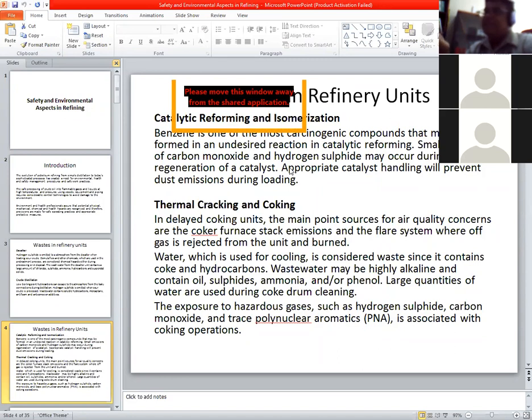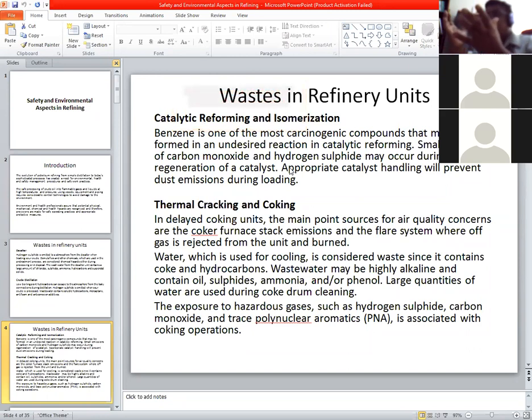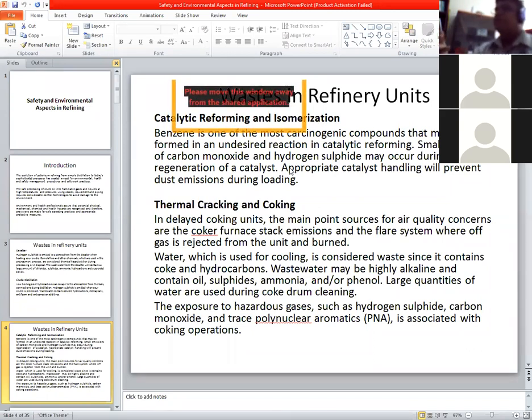Coke is a carbonaceous material, so we have to remove this coke. We do that by combustion, by applying hot air. So in that case, again, carbon dioxide, or due to partial combustion, carbon monoxide can escape.